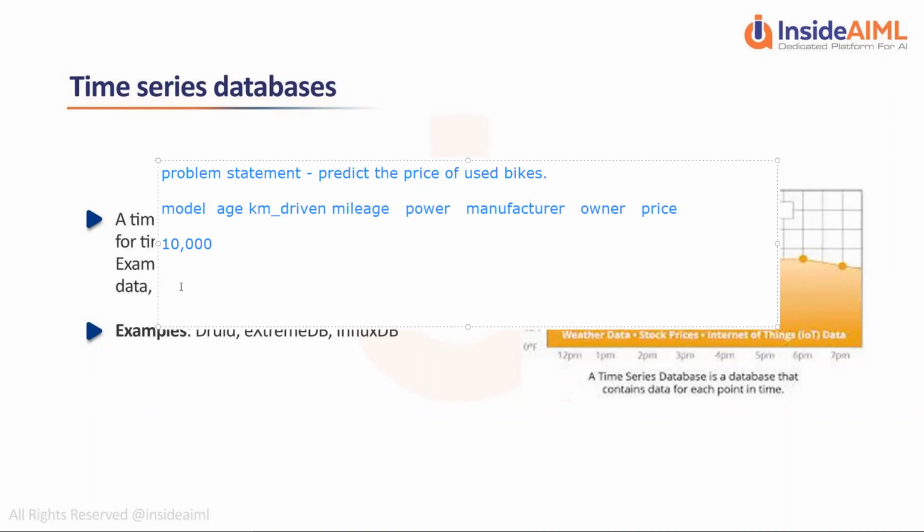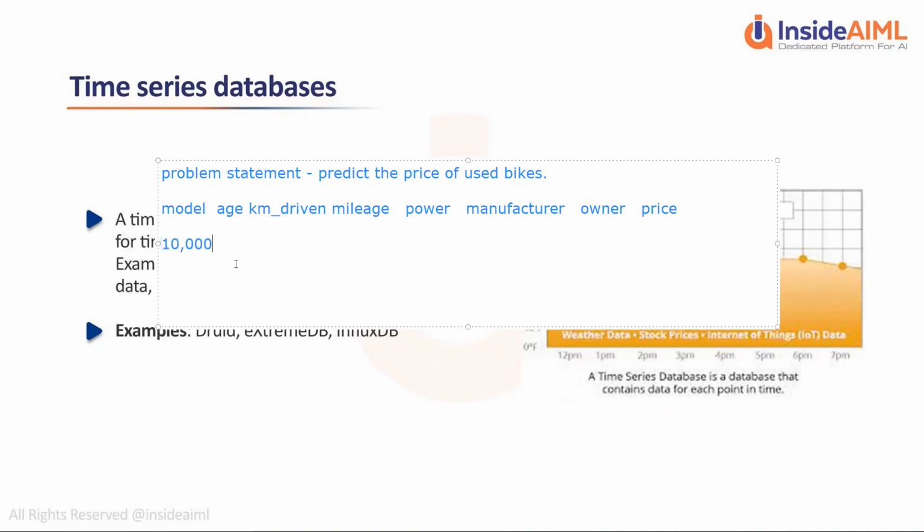Once you have collected the data of 10,000 previously sold used bikes, now you can use this data to train your machine learning algorithm, to train your model. And now if a new bike comes in, you can easily predict its price.